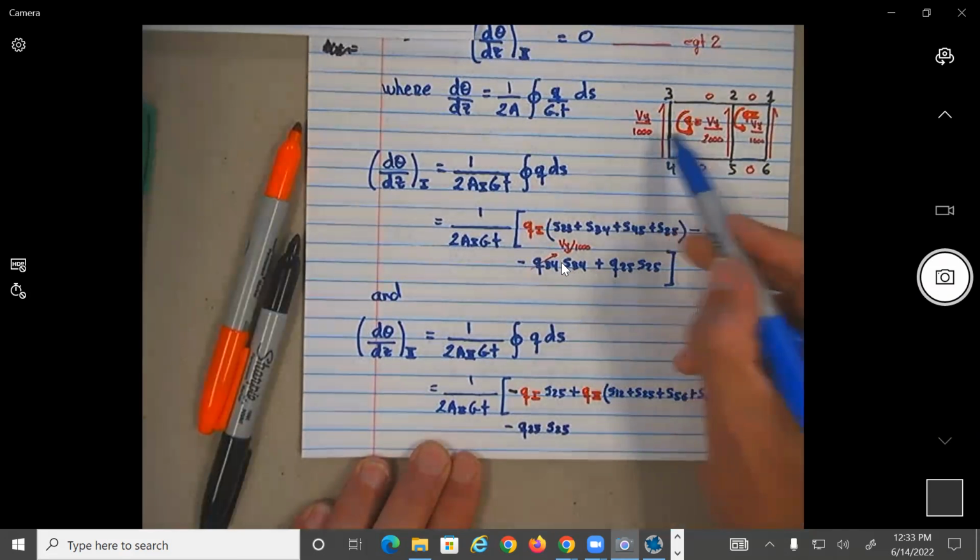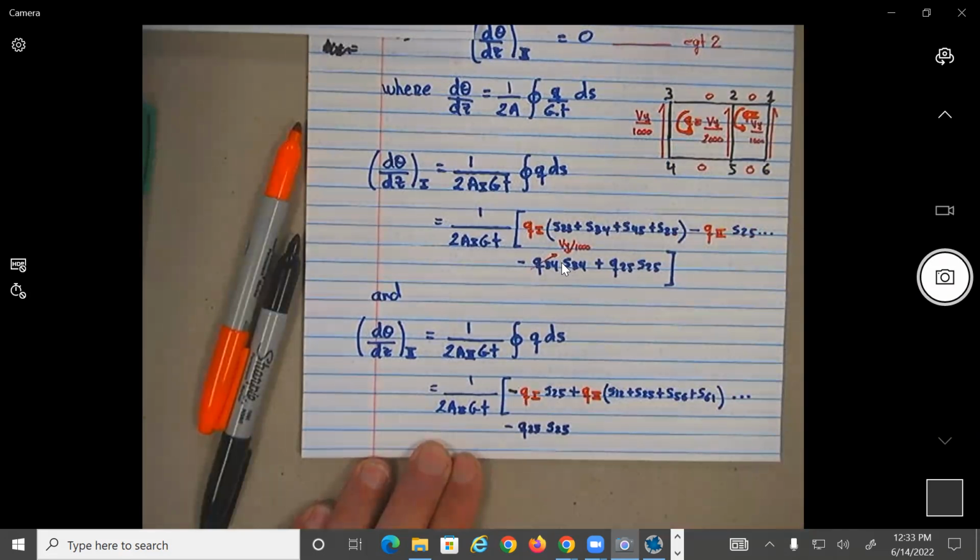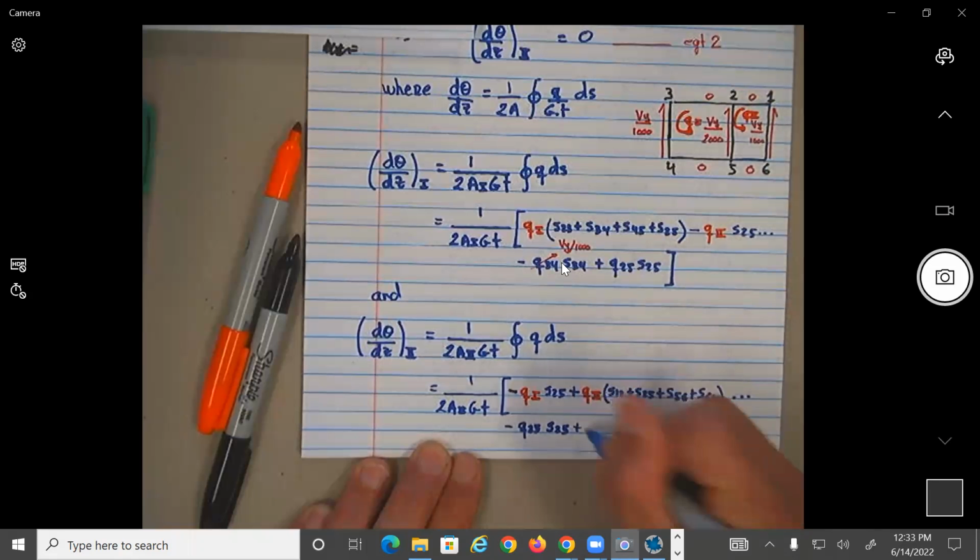Remember, you need to take the magnitudes from here. So I went 1, 2, 2, 5, 5, 6, 6, 0. What about 1, 6? 1, 6 is going counterclockwise, so that should be positive, plus Q61 S61.